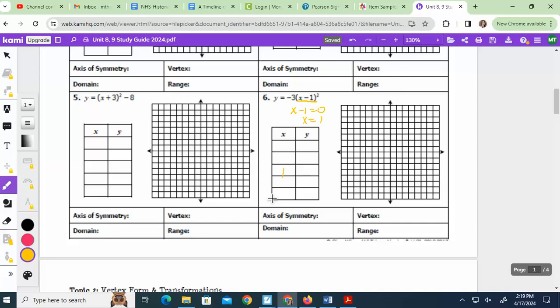All right, now let's use our y equals and go into the table. Is everybody getting these points on their table?